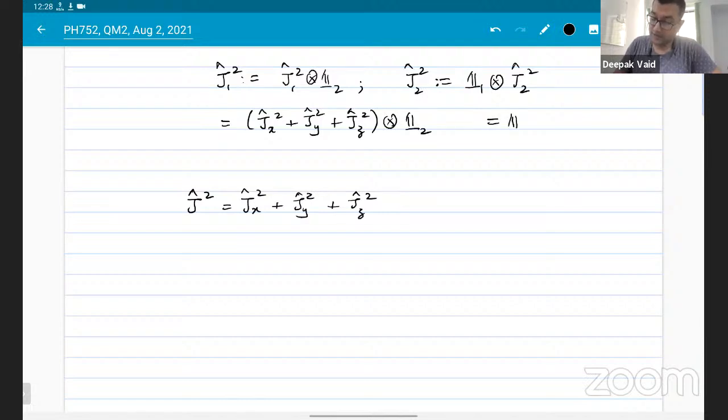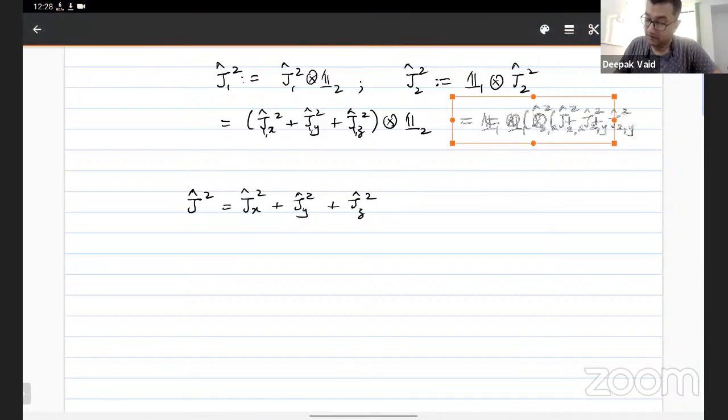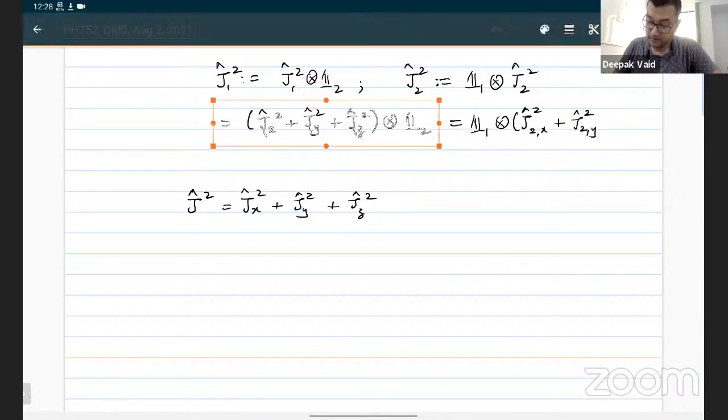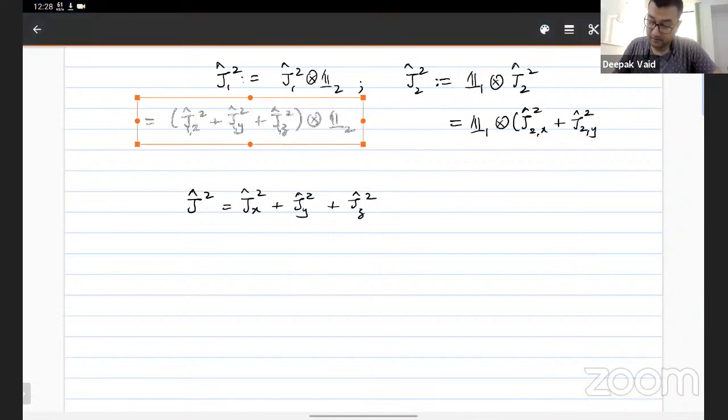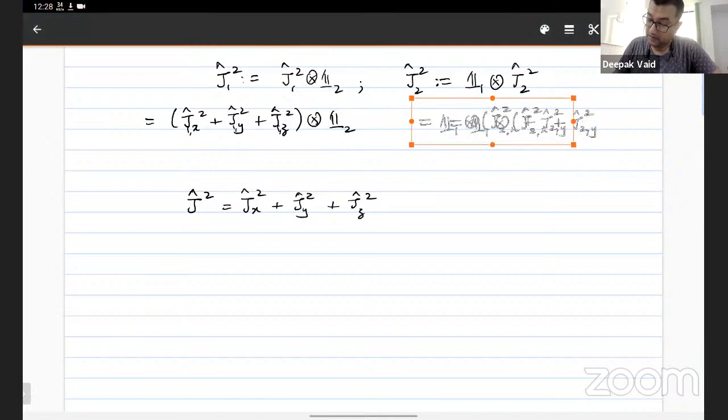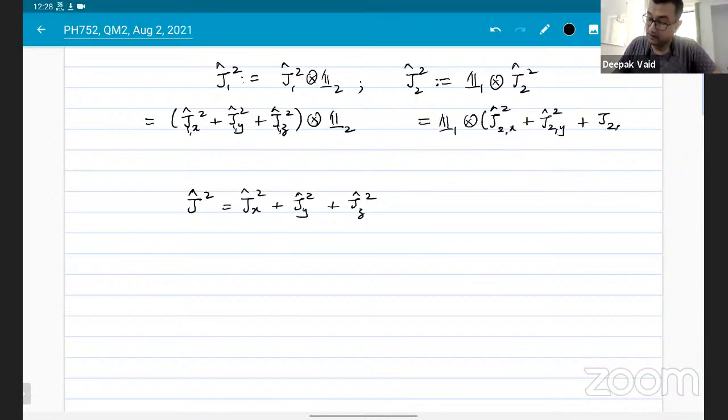This guy is I1 tensor, so I'm running out of indices, so I'll write J1x and J1y here. J2x squared, J2y squared, plus J2z squared.